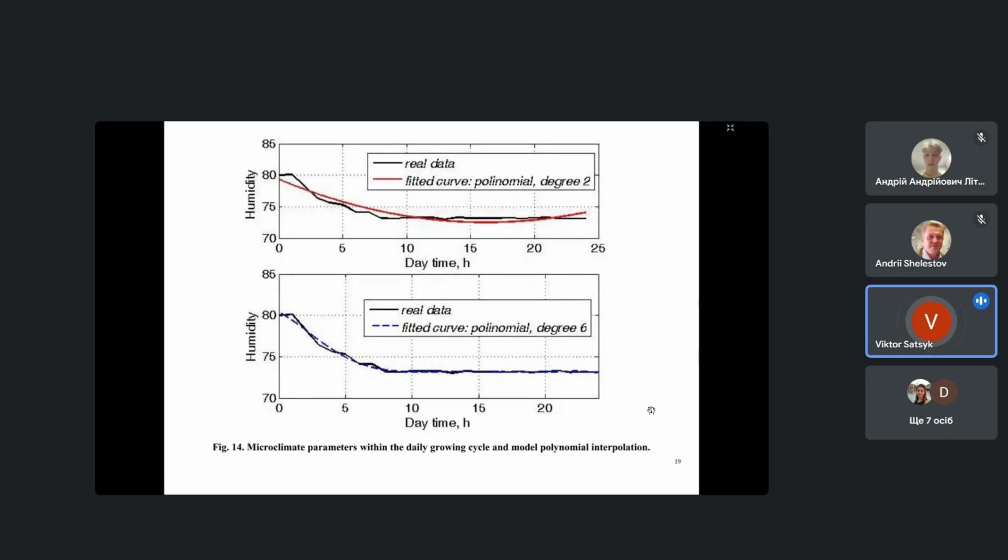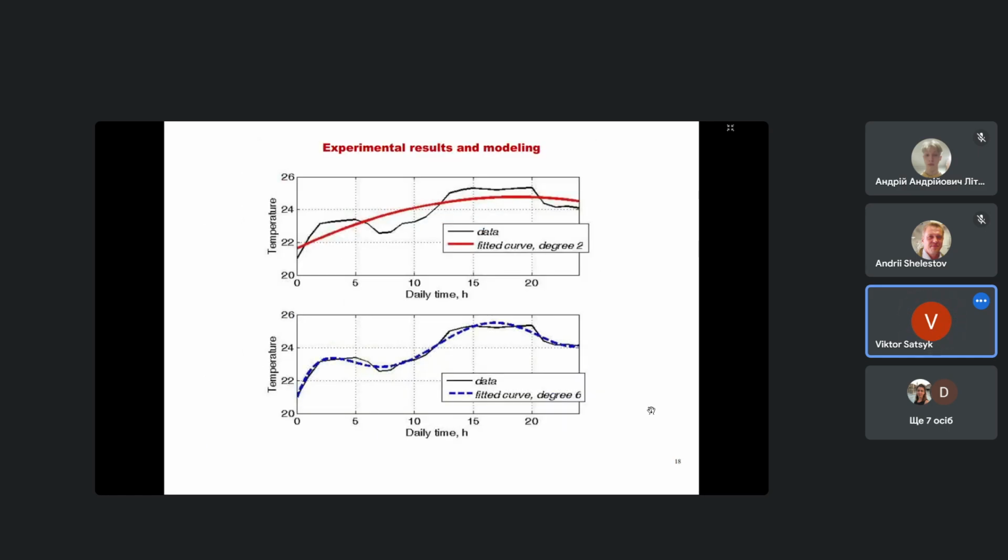On these pages, we can see graphics showing how, based on the analysis of the obtained results of mathematical modeling of air humidity monitoring, the following was established.